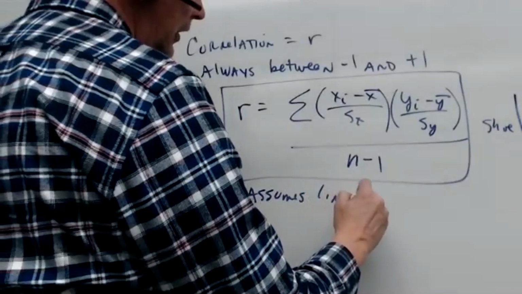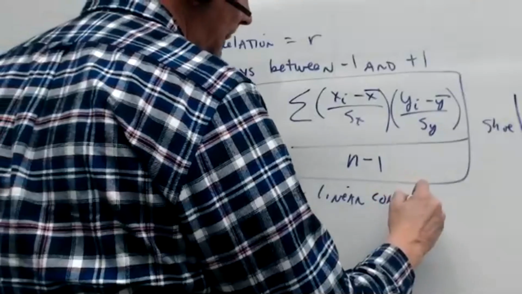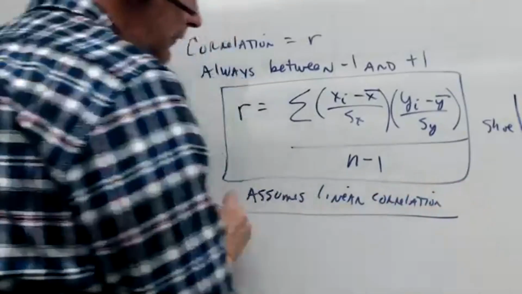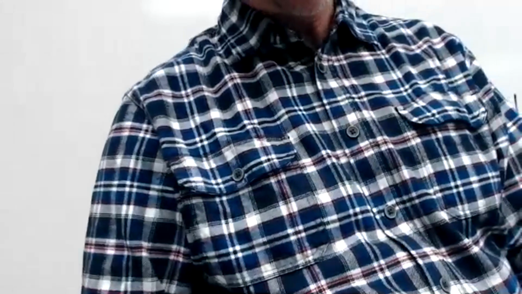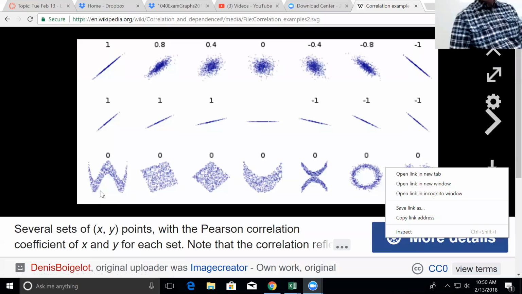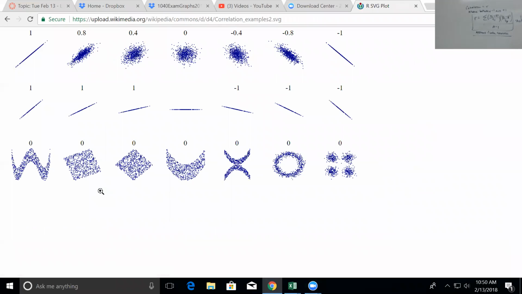Now the other thing that I just want to mention is this assumes linear correlation, okay? Now that's a big assumption. Let me go back to Wikipedia for just a minute. As we look at this bottom row, one of the things that you'll see with these scatter plots is these all have a 0. All of these have a correlation coefficient of 0.